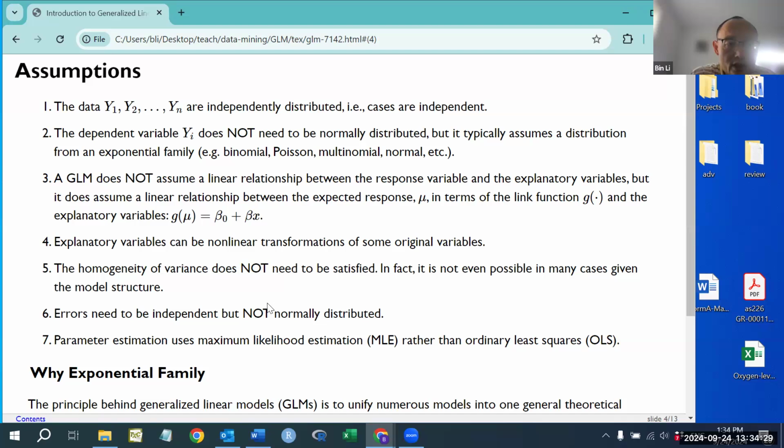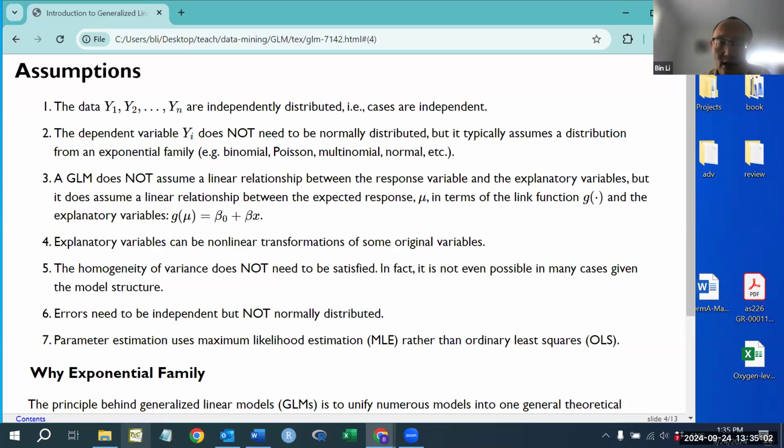And GLM does not assume a linear relationship between the response variable and the explanatory variables. It assumes a linear relationship between the expected value of the response, in terms of the link function g, and the explanatory variables.